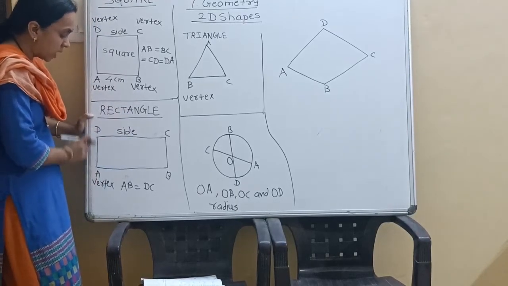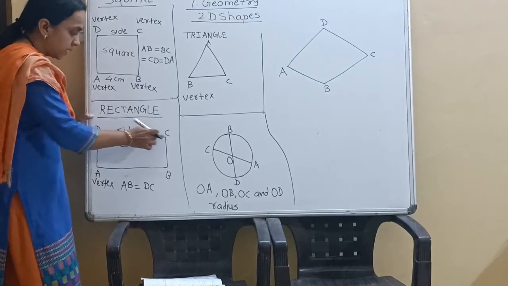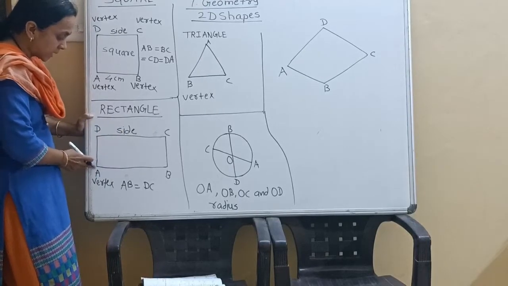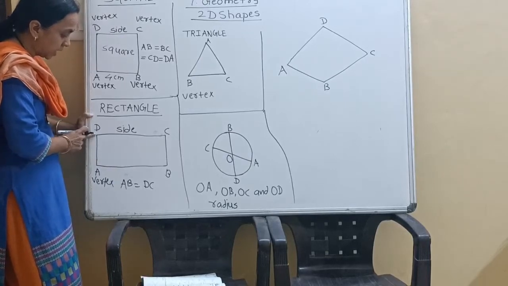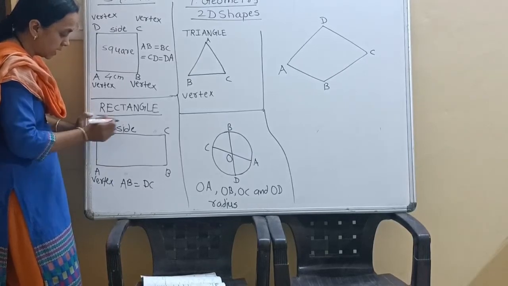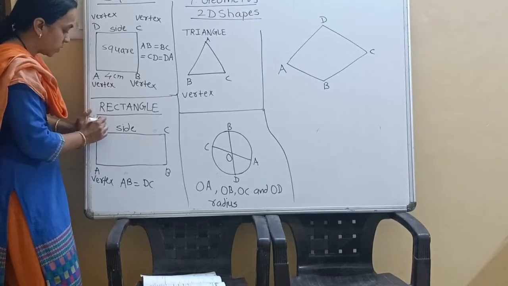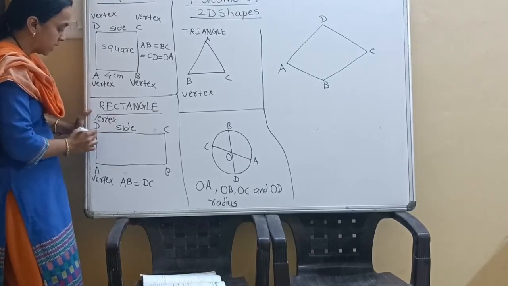Now here this CD side and this AD side are joining at this point. That point is called a vertex.